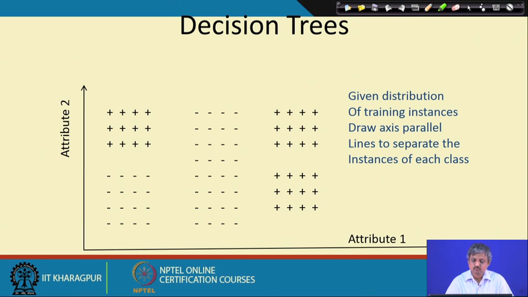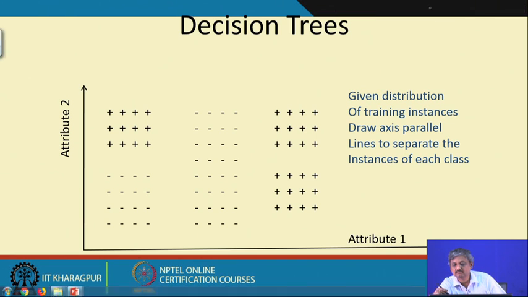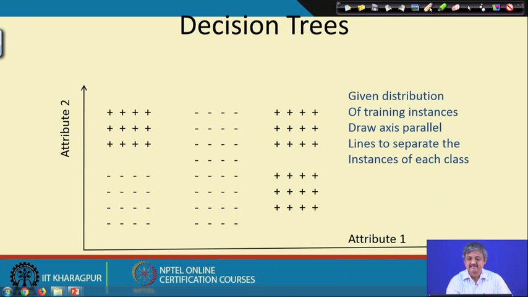And what I do is construct a decision tree of this particular form, where first I check the value of attribute 1, and suppose it is greater than some value, I say it is a leaf belonging to plus class.